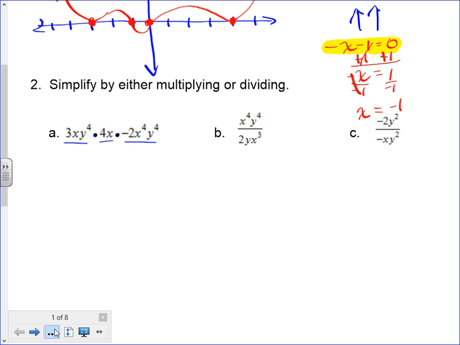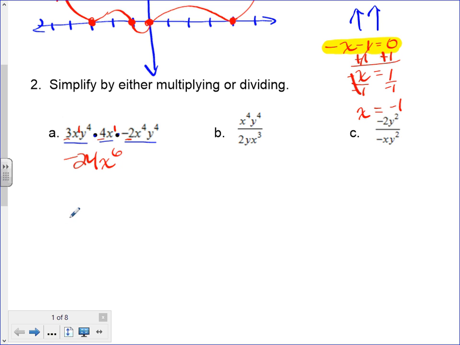Start by multiplying the coefficients. So 3 times 4 times -2. What do you get for that? Yep. What do you do with the x's? Yeah, add the exponents. 1 plus 1 plus 4 is x to the 6th.